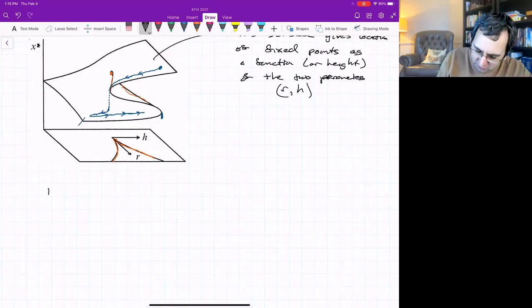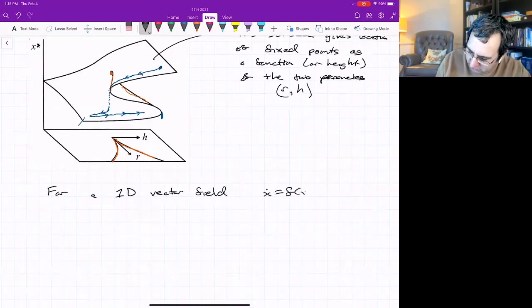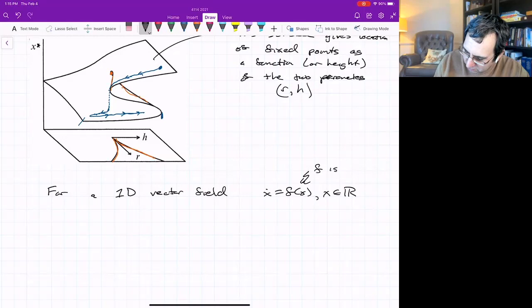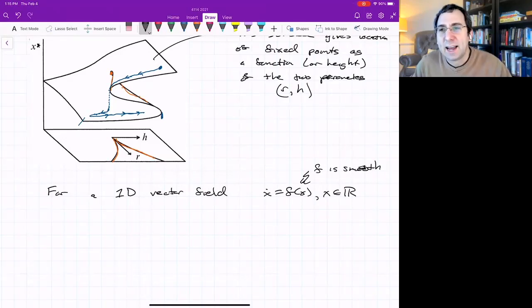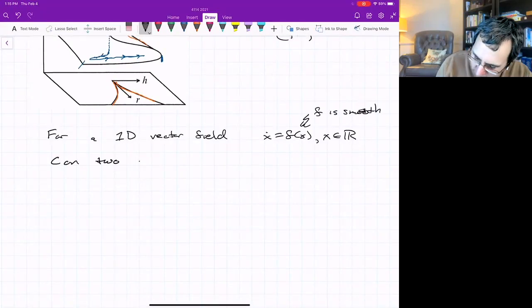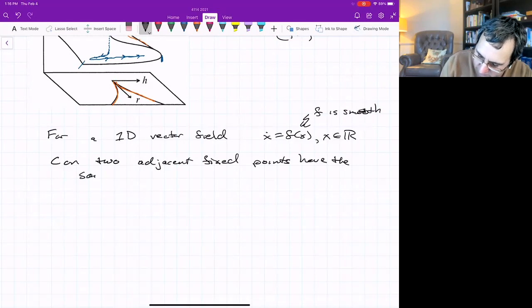For a 1D vector field, systems that look like this, where x dot is f of x, and f is a smooth curve, can we have 2 neighboring fixed points of the same stability type? So can 2 adjacent fixed points have the same stability type?